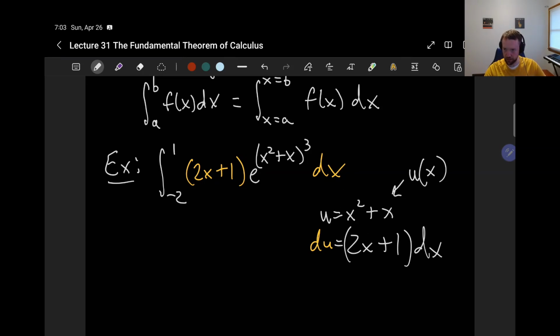Well, the reason I'm writing it this way is that I'm going to use this here as a formula to get my new limits of integration. Remember, these are x values. I'm really saying x equals 1, sorry, and x equals -2.